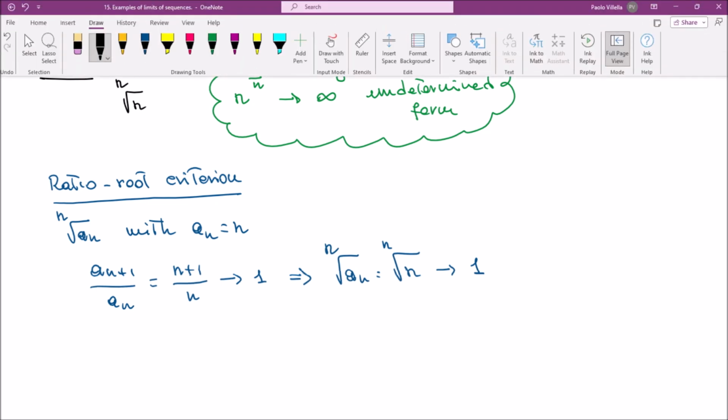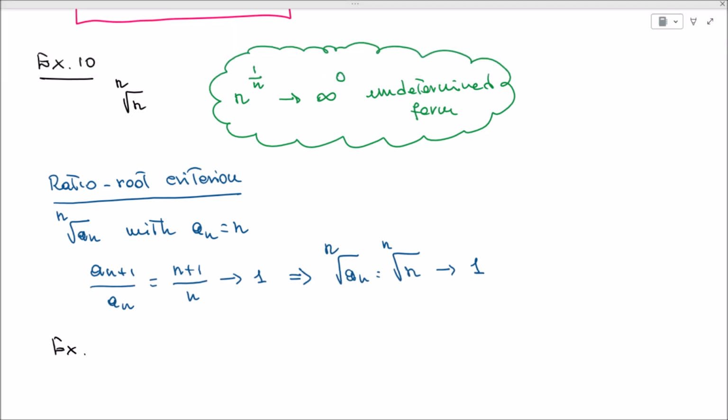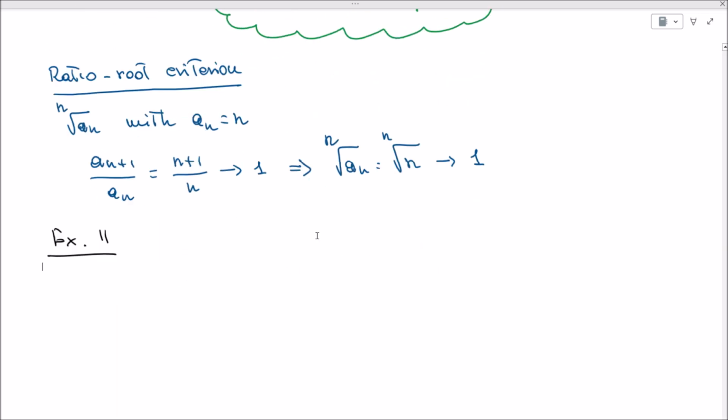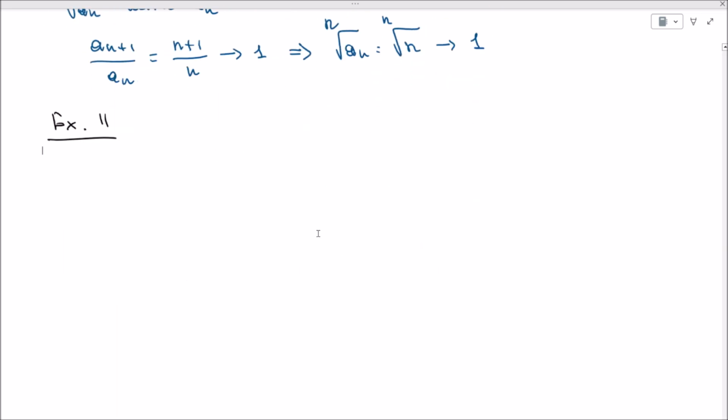Okay, let's see another example of another interesting sequence. We have now the nth root of n to the 20 plus 19 n to the 12 plus 15. So we have this sequence.